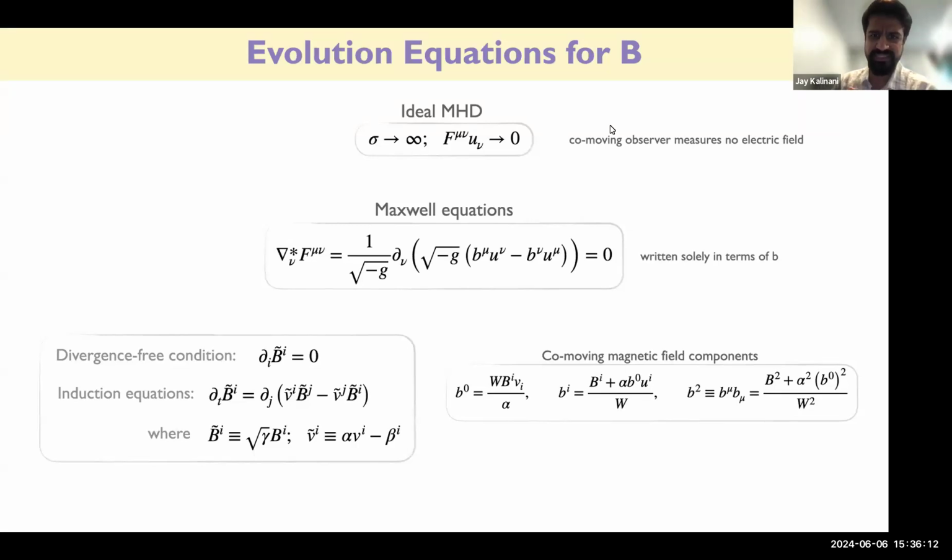So the Maxwell equations can then be recast solely in terms of b, small b, as written here. And this can be broken down into the divergence-free condition as well as the induction equations for B here. And the co-moving magnetic field components are also shown here in terms of the big B, or the Eulerian B.